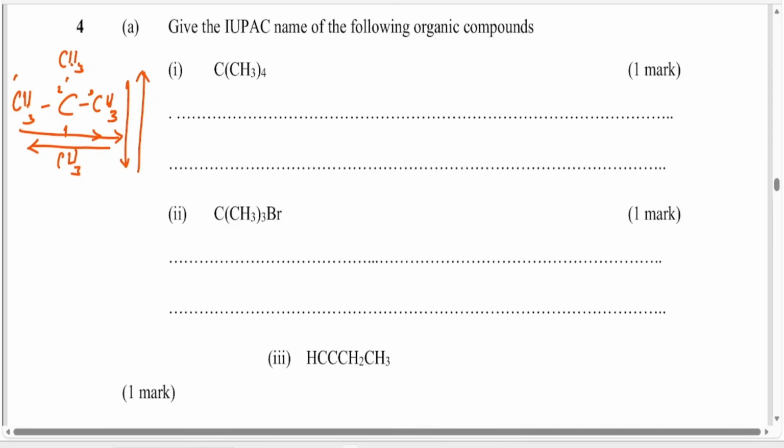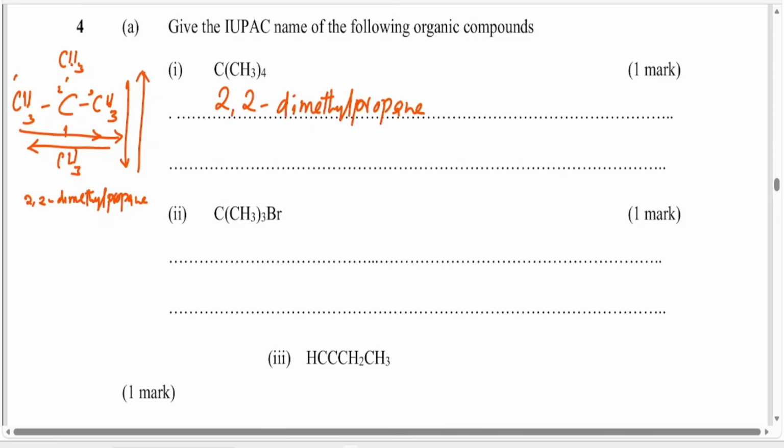And at carbon number 2, we have 2 branches of methyl. So this means that this is 2,2-dimethyl propane. So learners, I can confidently give the name 2,2-dimethyl propane.